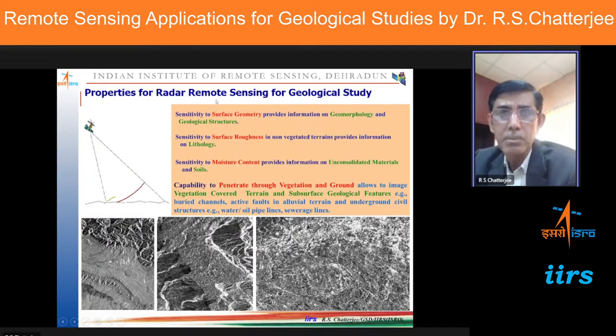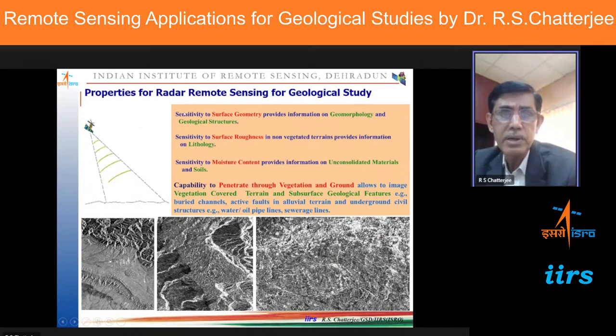Now, in the case of microwave radar, it is 1 millimeter to 1 meter. This is the wavelength range. In fact, in the case of synthetic aperture radar, these are all centimeter wavelengths, like X band, 3 centimeter wavelength, then C band, 5.6 centimeter, then S band, 10 centimeter wavelength, L band, 23 centimeter, and if you go to P band, around 60 to 70 centimeter wavelength.